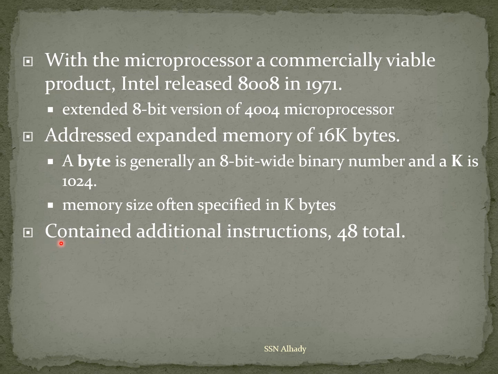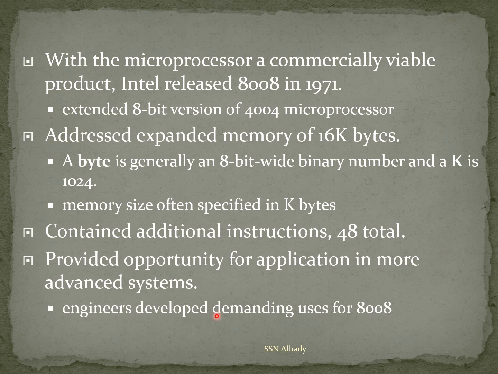Okay, in the 8008, 3 additional instructions were added, so the total number is 48. This provided opportunity for application in more advanced systems. For example, engineers demanded to use the 8008.